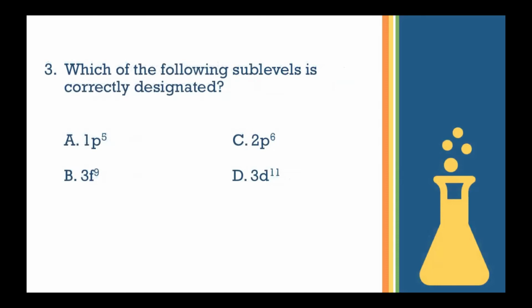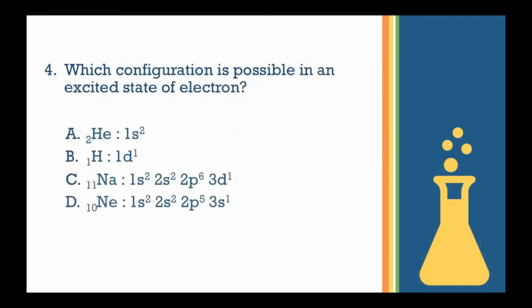Number 3. Which of the following sublevels is correctly designated? A 1p5, B 3f9, C 2p6, D 3d11. Number 4. Which configuration is possible in an excited state of electron? A 2 helium is equal to 1s2, B 1 hydrogen is equal to 1d1, C 11 sodium is equal to 1s2, 2s2, 2p6, 3d1.